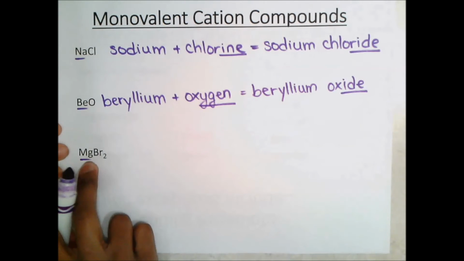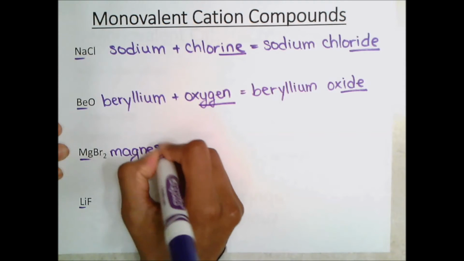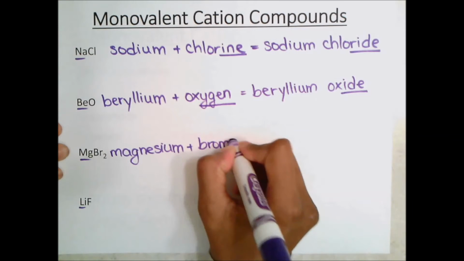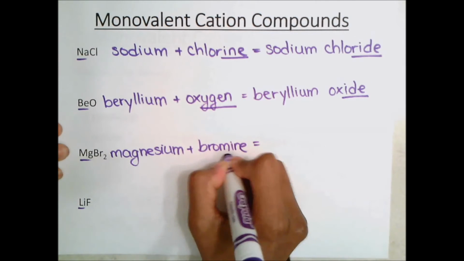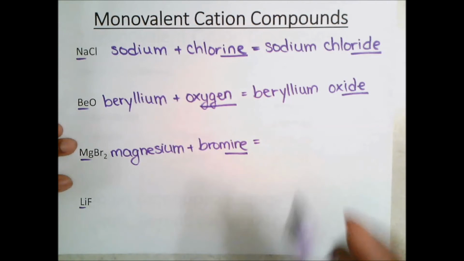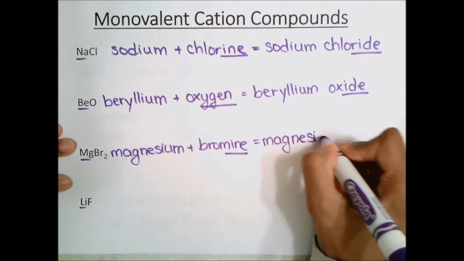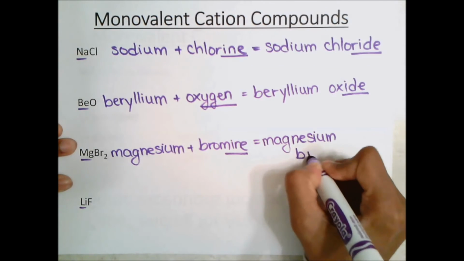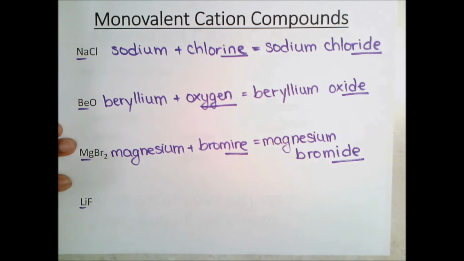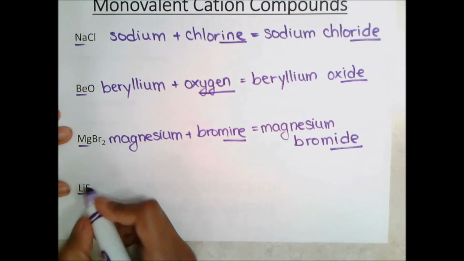So here we have magnesium and bromine. We're going to change our non-metal name. So magnesium stays the same, bromine changes to bromide. And last example, we have a lithium and a fluorine.